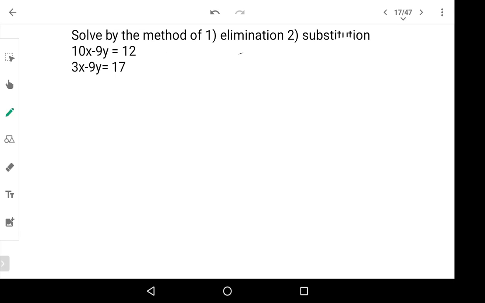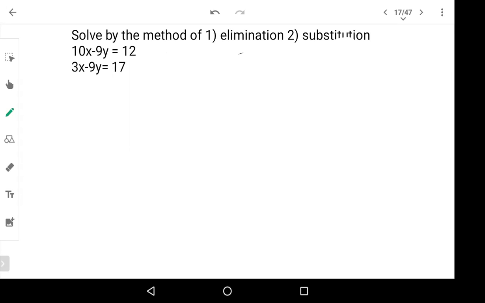The value of x? Plus 5 by 7? No. Sindhu's answer is right. You're supposed to get minus 5 by 7.